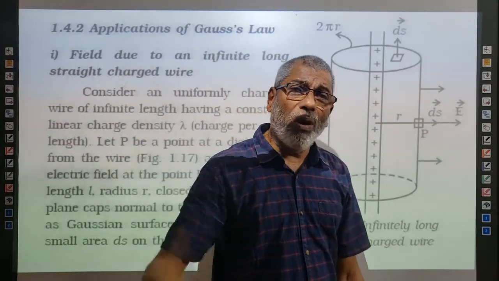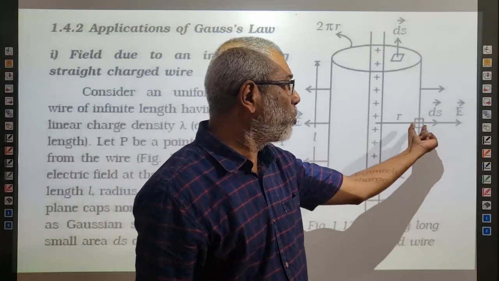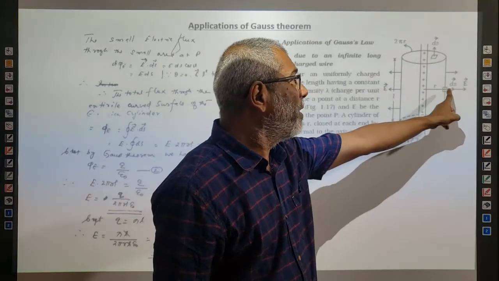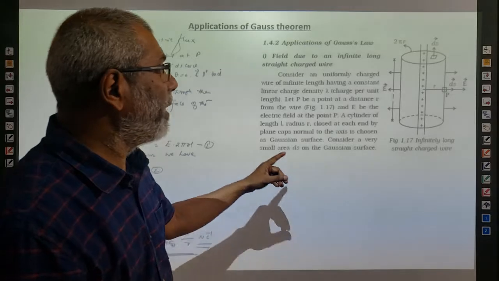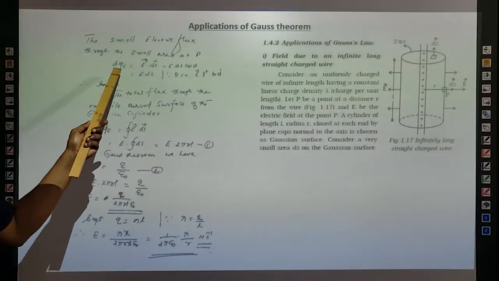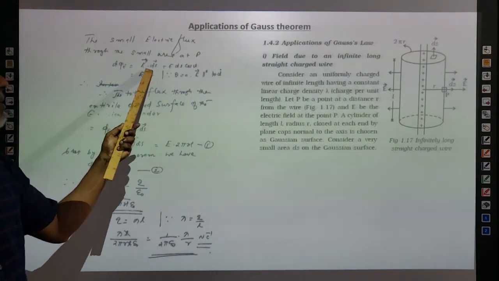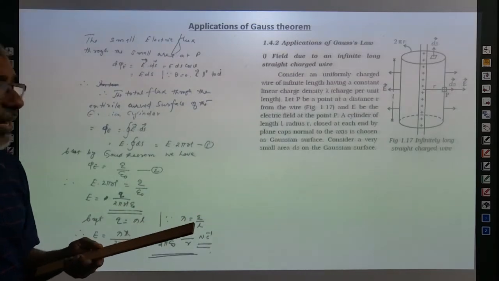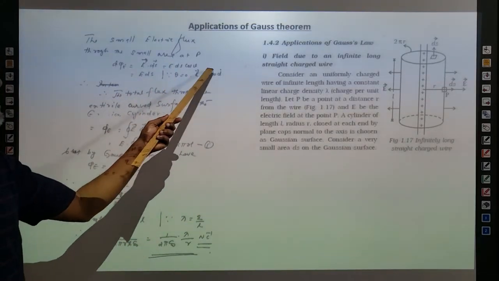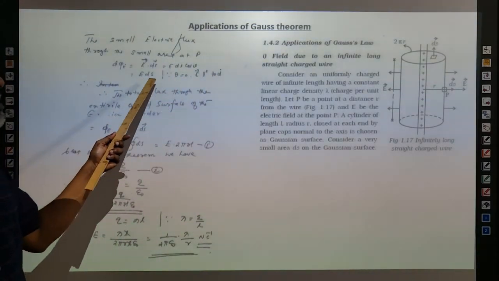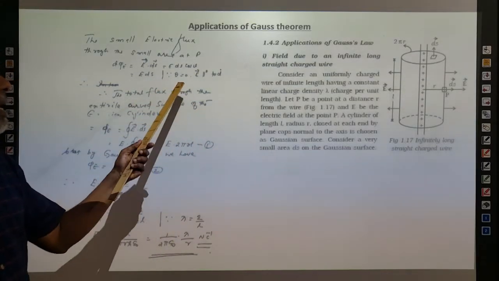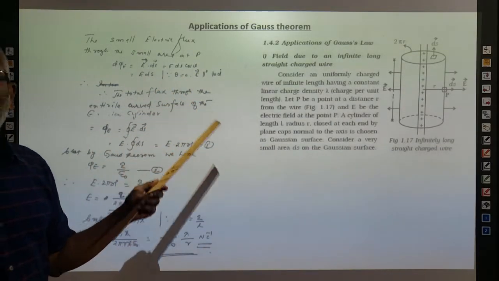So now coming back, the small flux through this small area ds is given by d phi is equal to vector E dot ds. That is equal to E ds cos theta, which is simply E ds, because in this case theta is equal to 0.